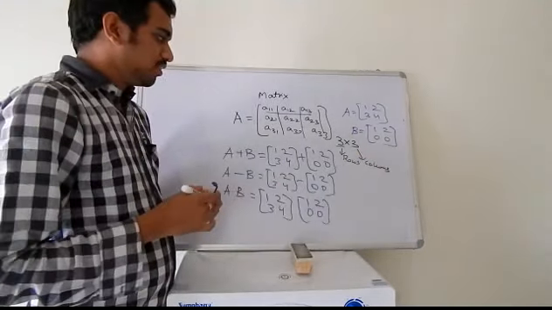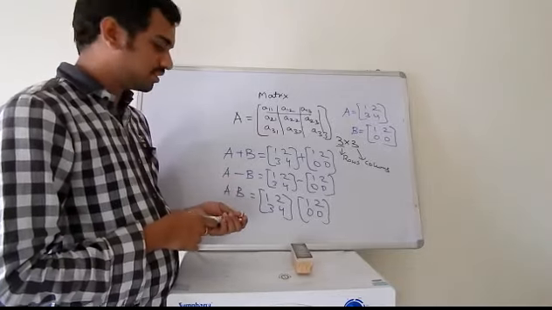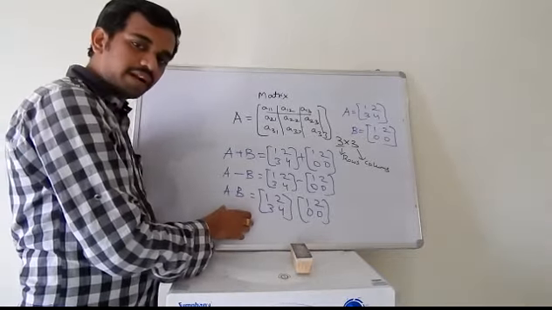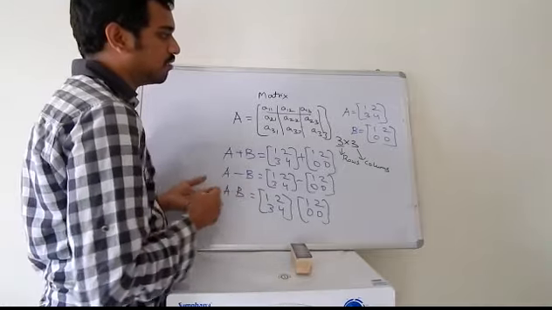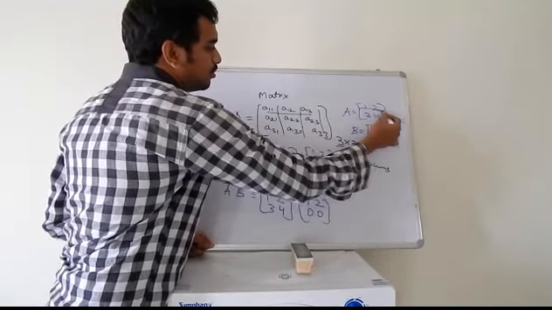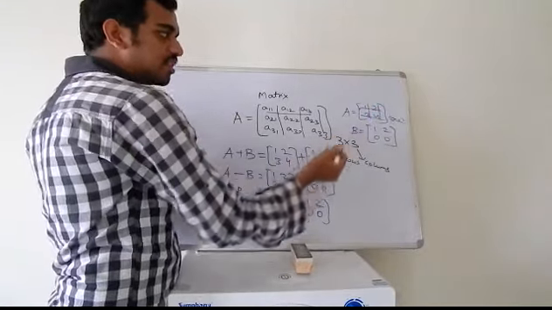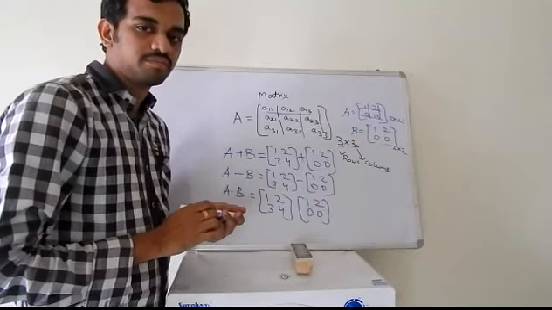Okay. So how do we add two matrices, or subtract two matrices, or multiply two matrices? Let's consider a 2 by 2 matrix A: 1, 2, 3, 4. This is a 2 by 2 matrix, 2 rows and 2 columns. Similarly, I am considering a matrix B, also 2 by 2. A simple example, a 2 by 2 matrix is a basic thing.